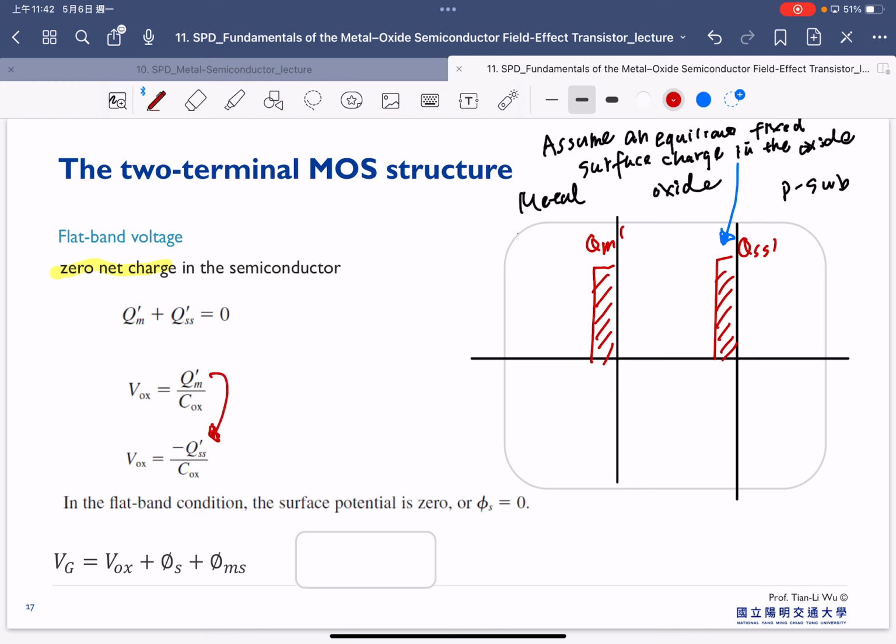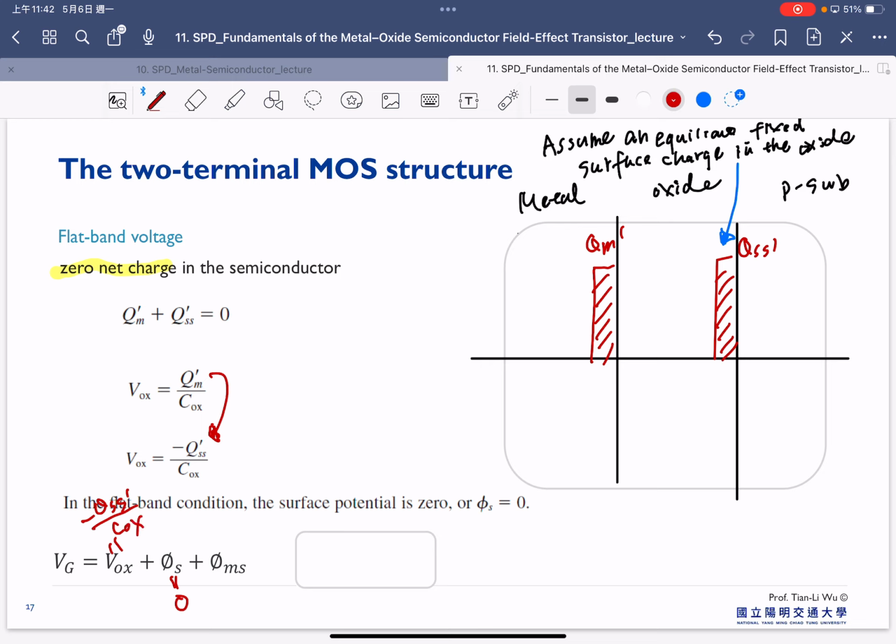So in the flat band condition, the surface potential phi S is equal to 0, and the Vox is equal to minus Q_SS prime over Cox.